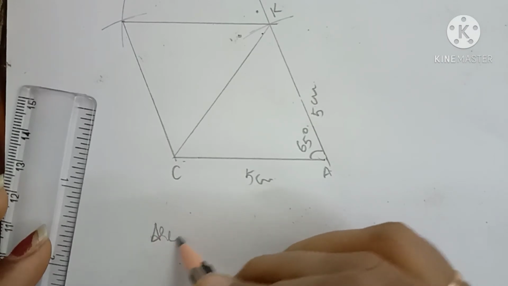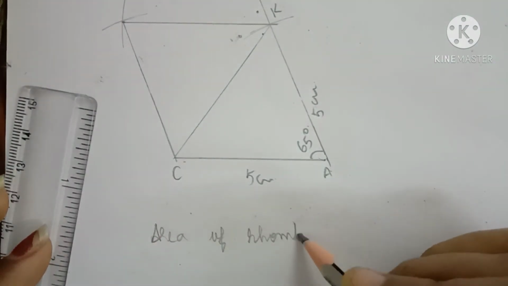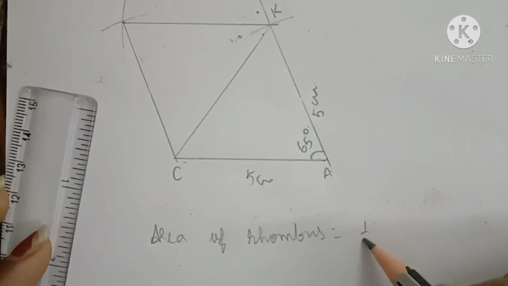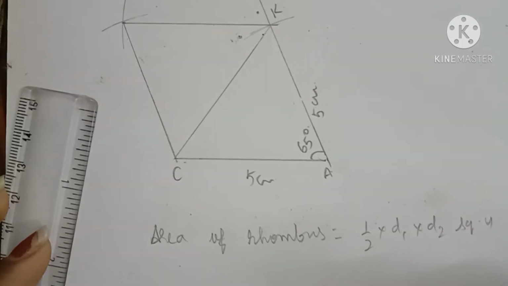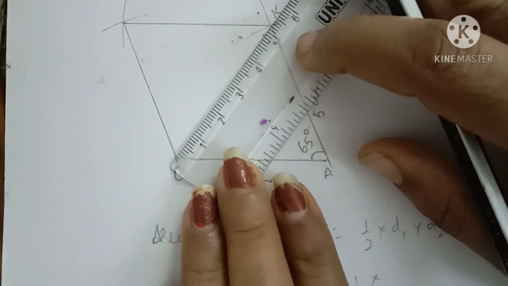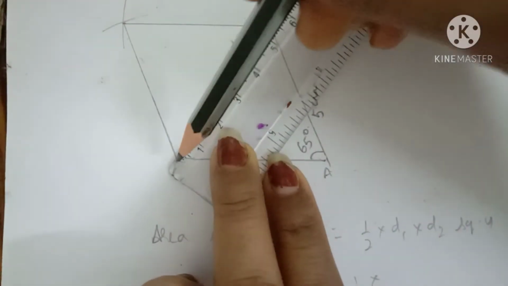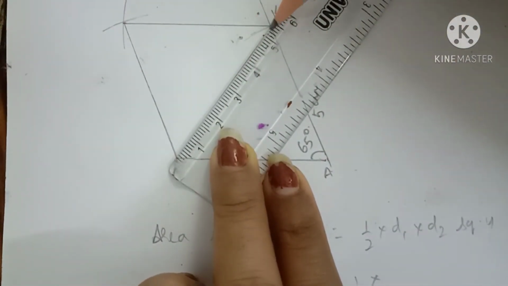Area of rhombus is half into D1 into D2 square unit. D1 value, we need to measure it. D1 value is 5.4.